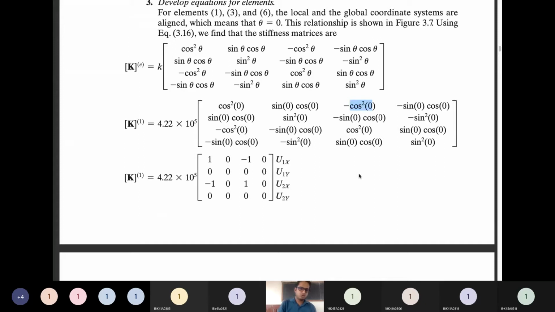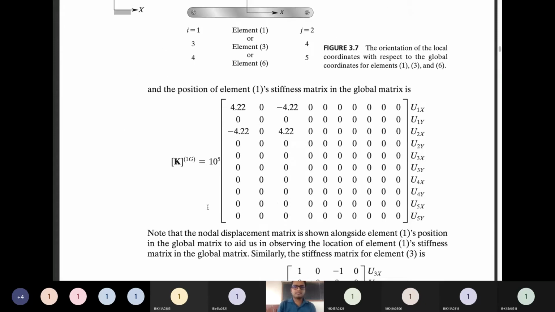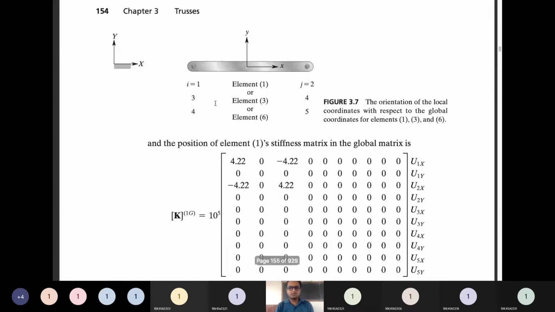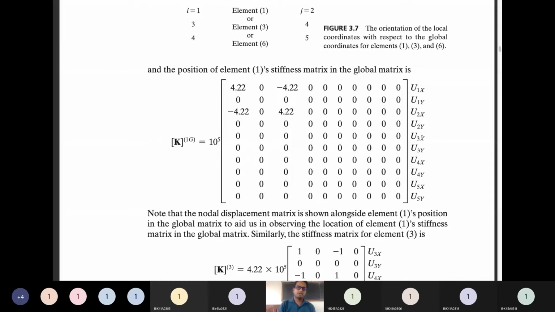So this is your global stiffness matrix that you can see on your computer screen. Now, what are those 10 elements you can see here? U1x, U1y, U2x, U2y. Up to here only we have seen in your element number 1. After that, similarly you will see for 3, 4 and 5.